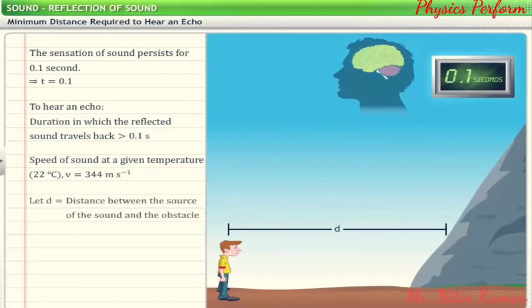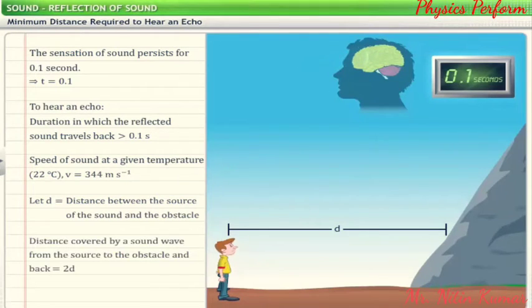Consider the echo produced by shouting on a cliff. Let d be the distance between the source of sound, in this case the man, and the obstacle, in this case the cliff. The distance traveled by the sound wave from the source to the obstacle and back to the source is equal to 2d.